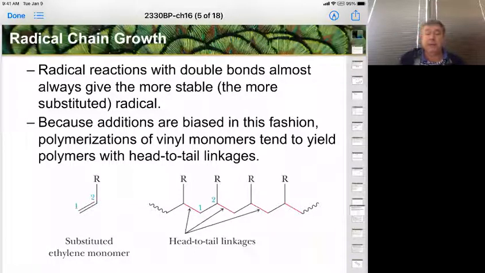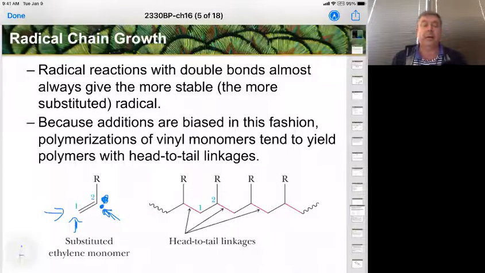So that means if our initiator is going to come in and react on this side or this side, it has a choice. If it reacts on this side, at the number one carbon, it generates the secondary radical. If it reacted on the number two side, it would generate the primary radical. So it will preferentially form the secondary radical.